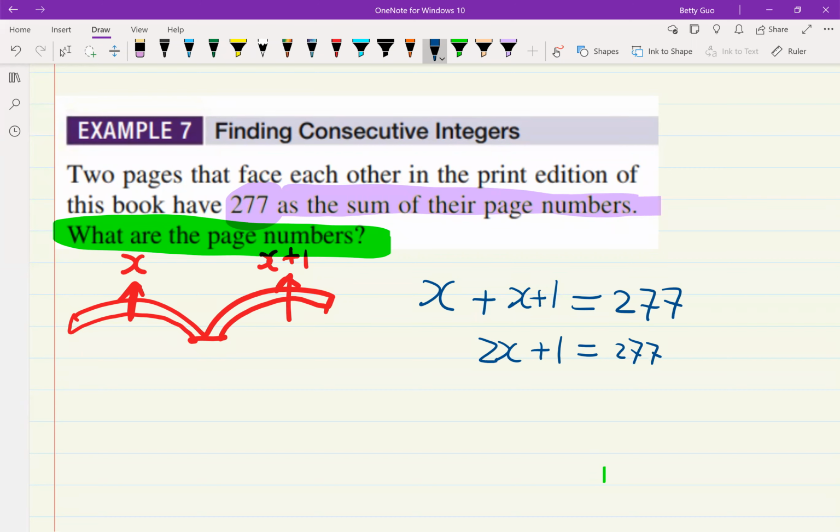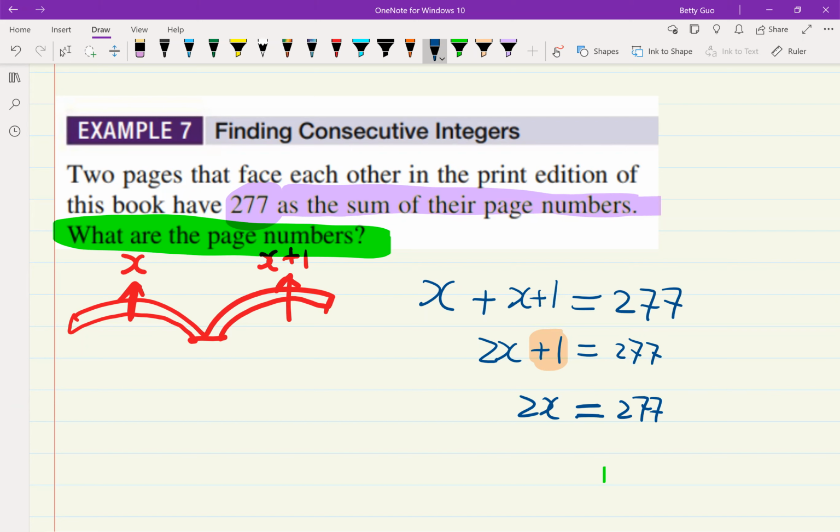Very good. Do you want to get rid of the 1 from the left-hand side? How do you do that? Let me color it orange. So what do we want? Remember, I told you this is the anchor, right? 2x stays, doesn't change. 277 stays on the right, doesn't change anything. The orange term, you move over.